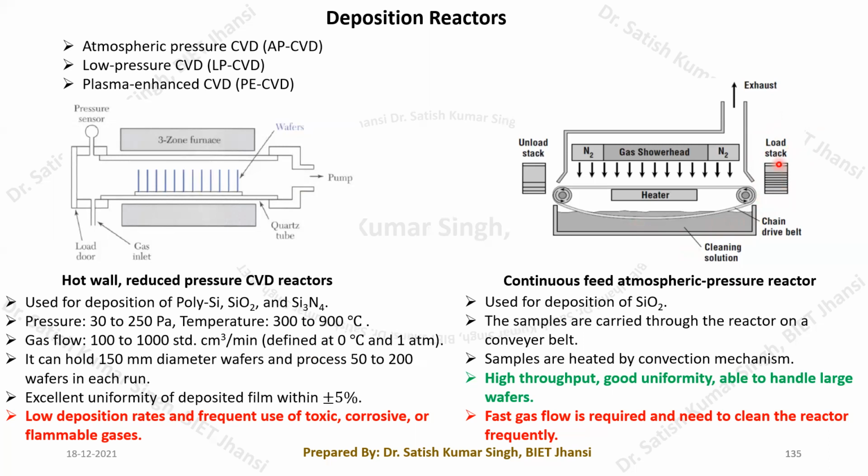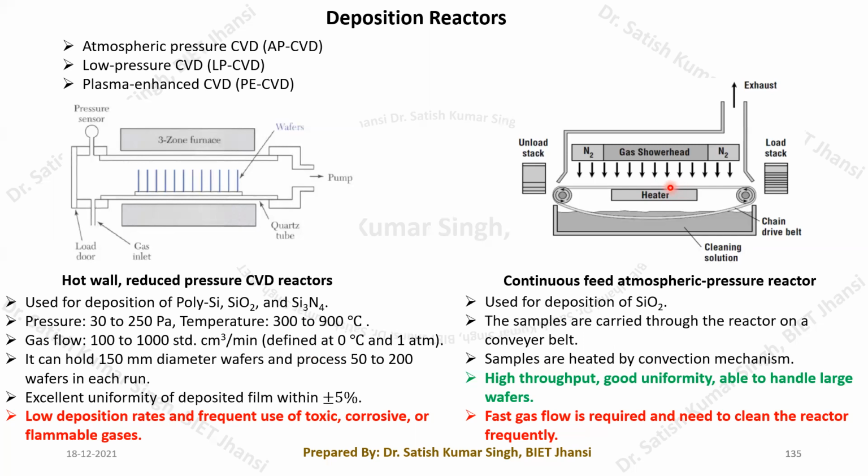These wafers will be loaded onto this conveyor belt. The conveyor belt will keep on rotating, and the wafers will be placed onto this heater within this chamber. And then it will be heated, and this heating will be done by the convection mechanism.